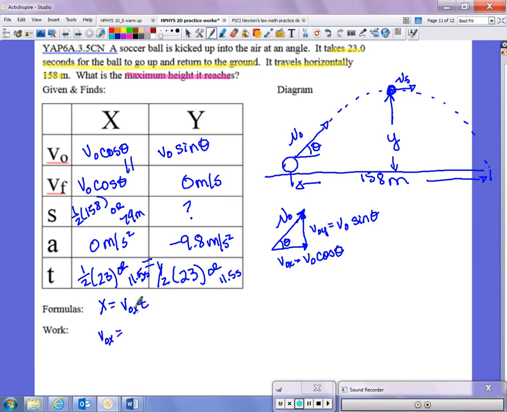V naught x is equal to x over t, so v naught cosine of theta is equal to 79 over 11.5. And last time I found it very helpful to get this cosine on the other side, so I'm going to do the same thing now. I'm going to take this and say 79 divided by 11.5.